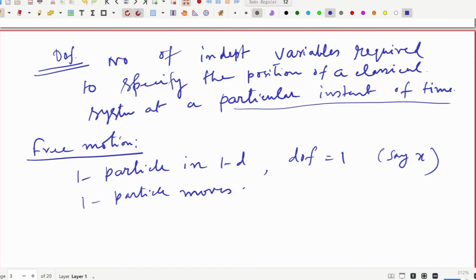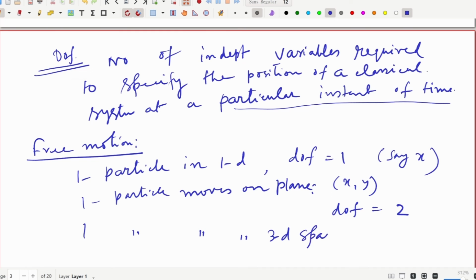Suppose one particle moves on a plane. A plane is 2-dimensional, so you need to specify x and y. So, the degrees of freedom in this case will certainly be 2. Now if one particle moves in 3-dimensional space, certainly its degrees of freedom will be 3.